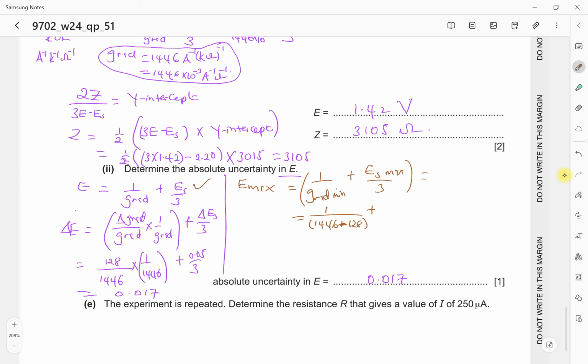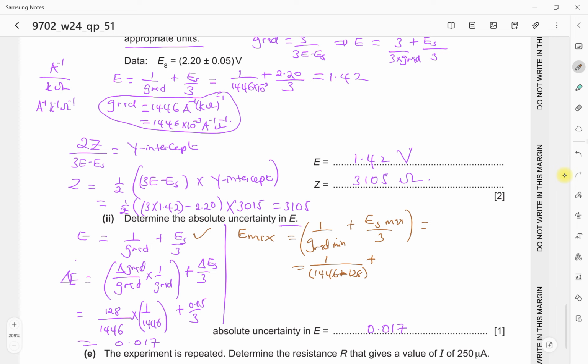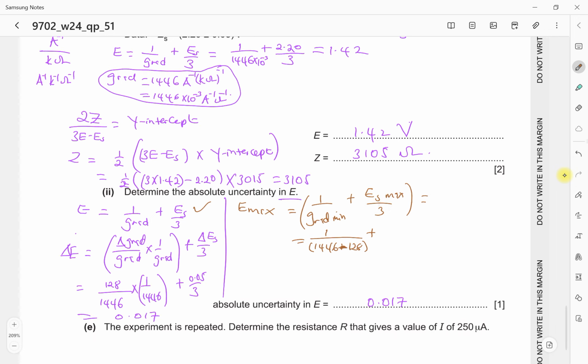Then plus Emax, we are going to add 2.20 plus 0.05, which is 2.25, divided by 3.